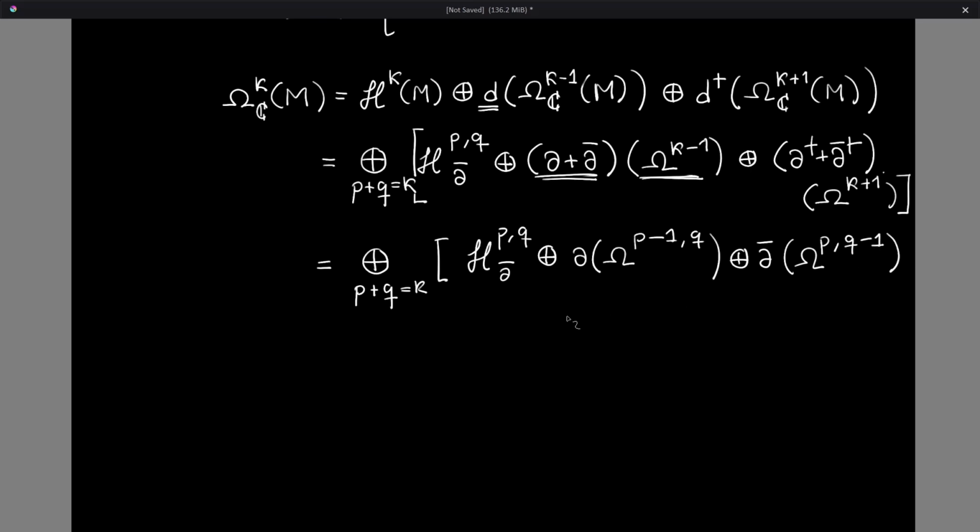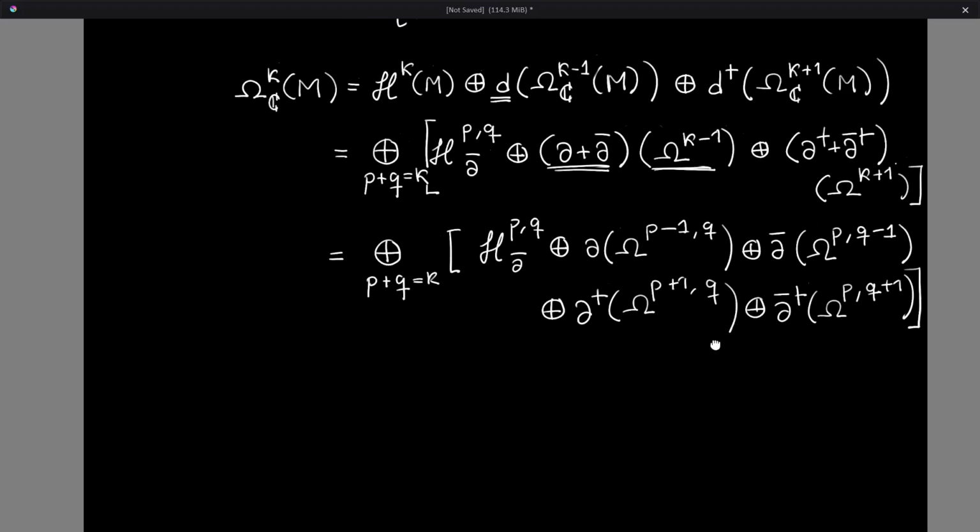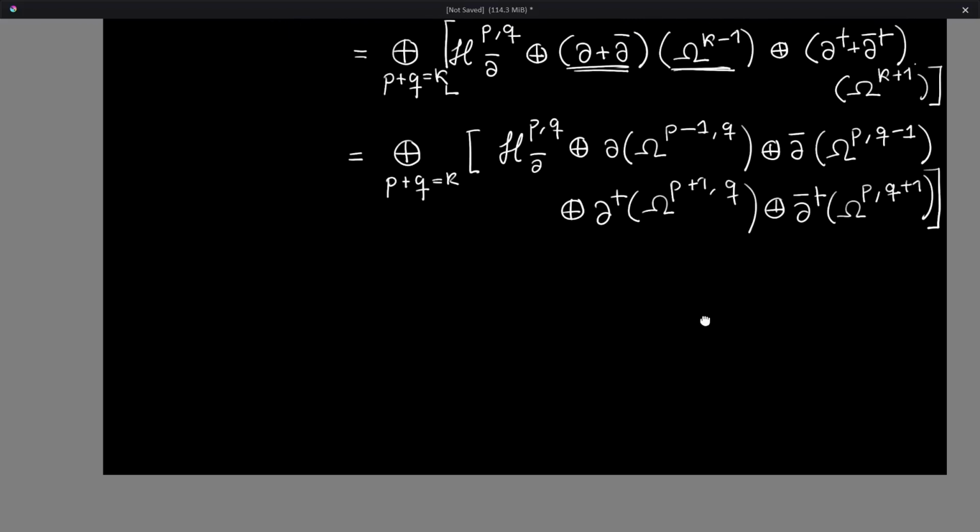That's how it splits, plus partial dagger of Omega^(p+1,q), plus partial bar dagger of Omega^(p,q+1). It splits into four pieces. Now the interesting thing about these four pieces is they're not all independent from each other.